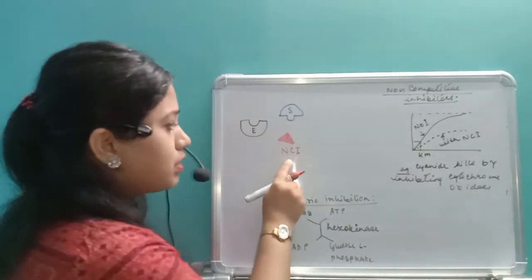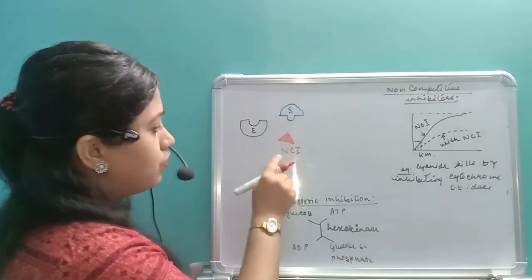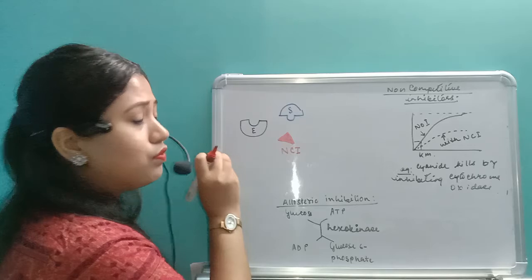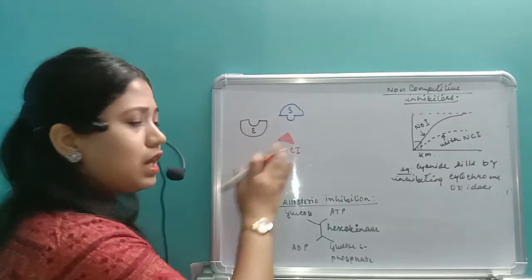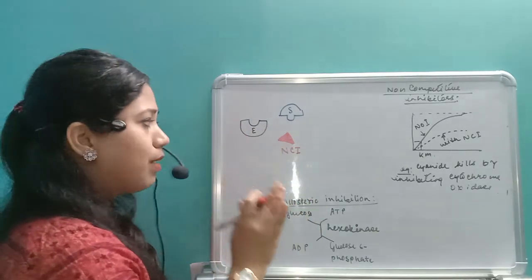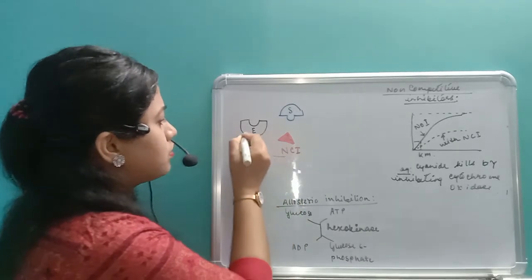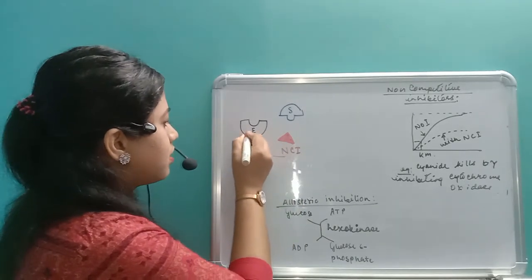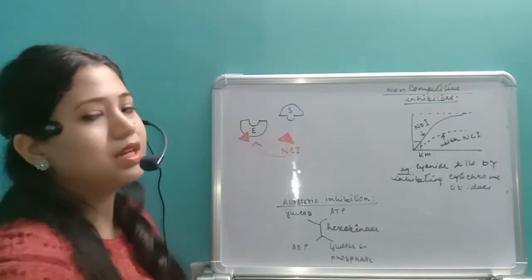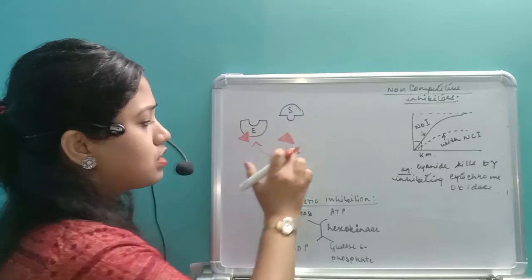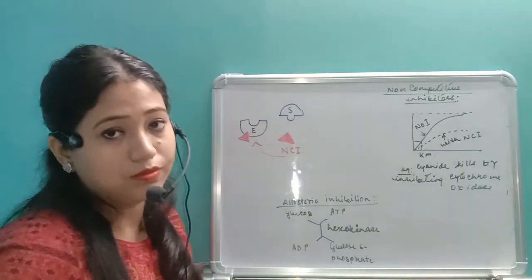The non-competitive inhibitor will attach to the enzyme at any of the other sites, but not the active site. They will be attached to any of the pockets or crevices, but they will not bind in the active site. That means there is no competition between the substrate and non-competitive inhibitors.